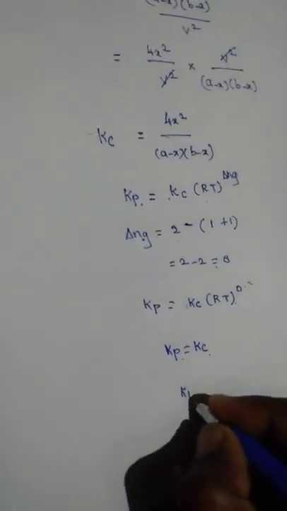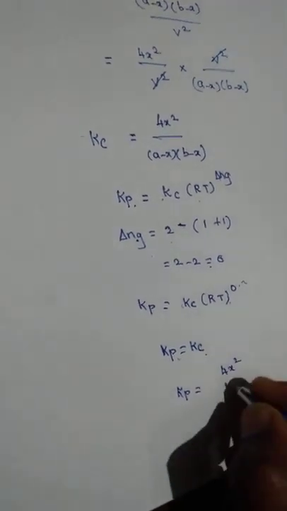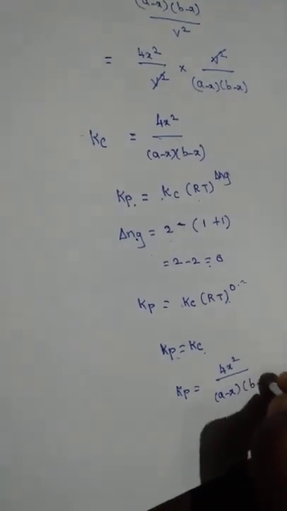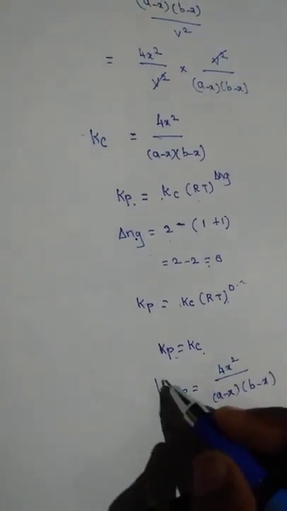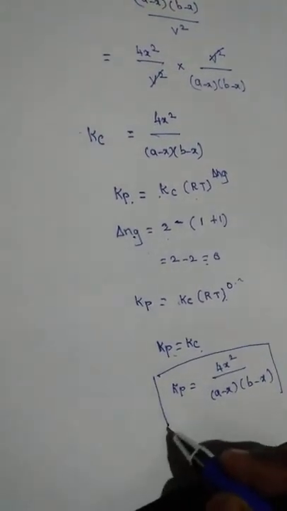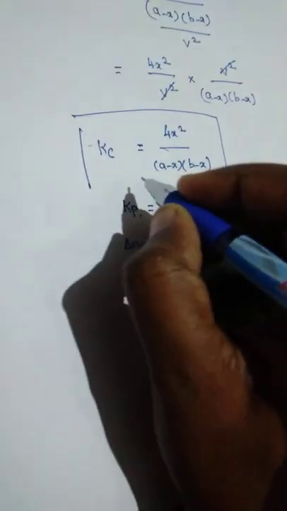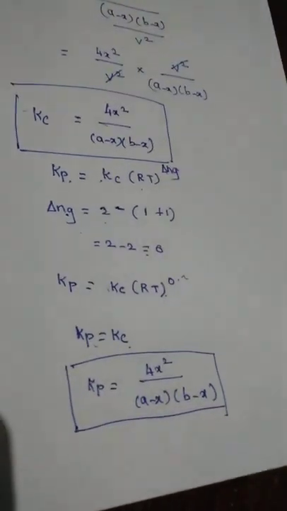So Kp is equal to 4x squared divided by (a minus x) into (b minus x). This is the relation between equilibrium constants Kp and Kc. Any doubt?